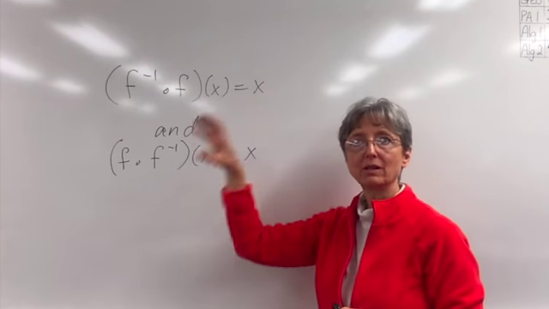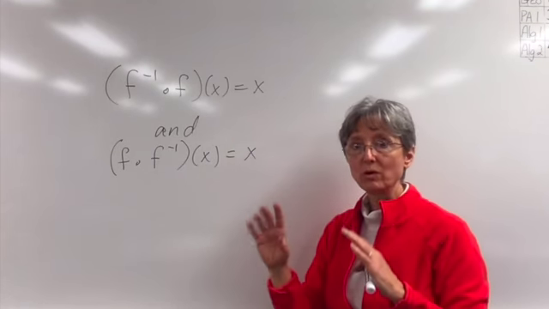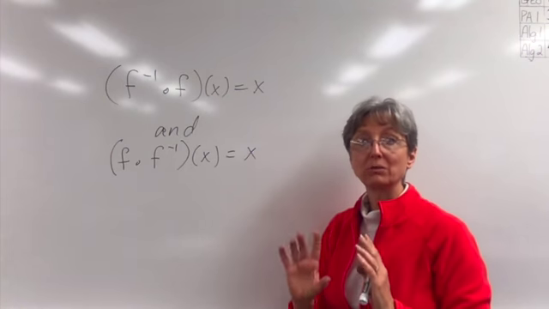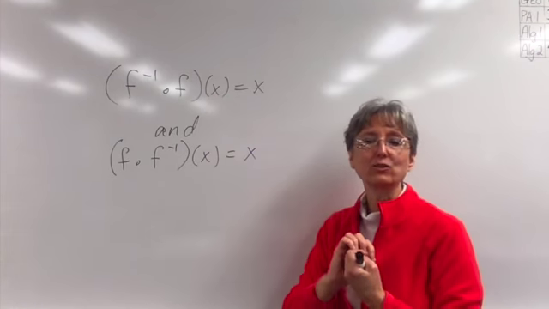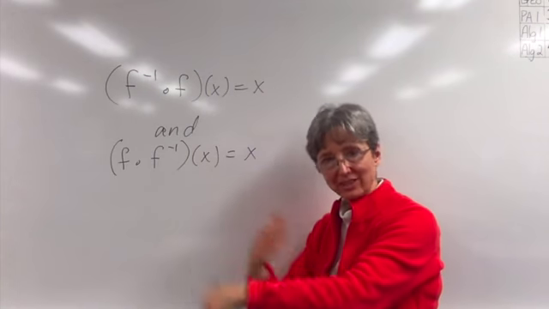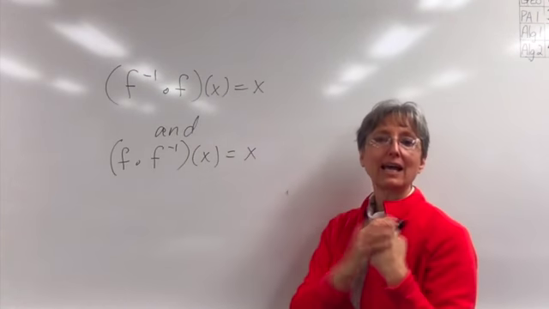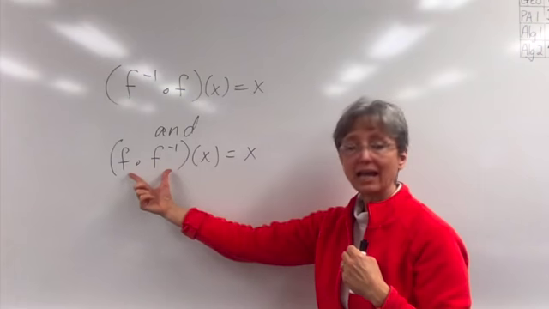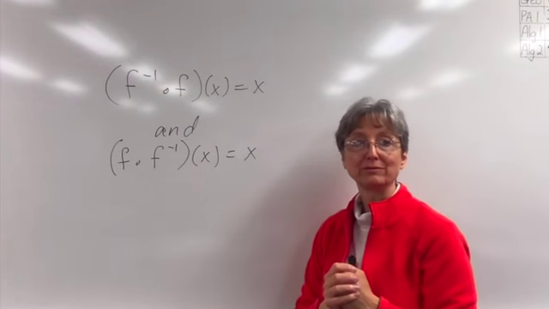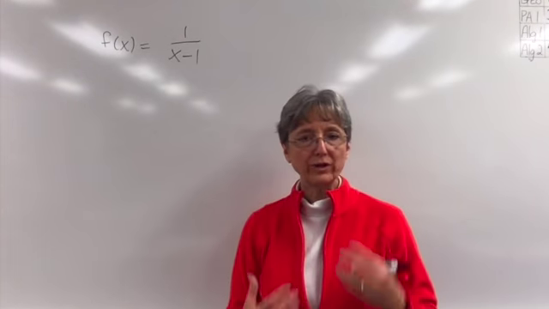Whatever I put in comes back out. That's the way this should work, because one undoes the other. So whatever I put in and then it reverses, that's exactly what I should get back out when I put them in both.